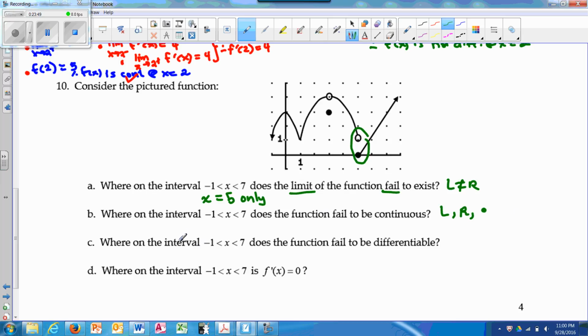Therefore, f of x is not continuous at x equals 2. Therefore, f of x is not differentiable at x equals 2. And we don't take a derivative at all.